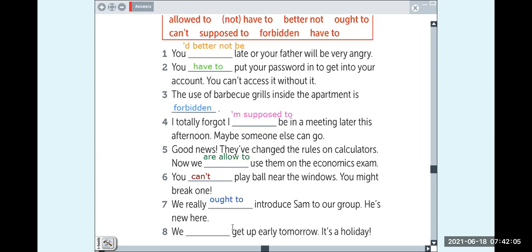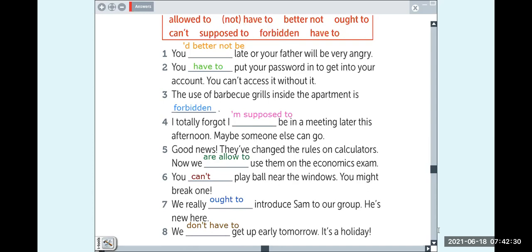Number 8, we get up early tomorrow. It's a holiday. We don't have to, right? It's not necessary. So we don't have to get up early tomorrow. It's a holiday. Very good.